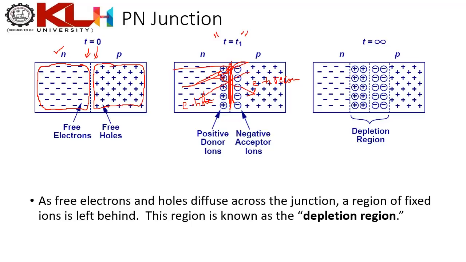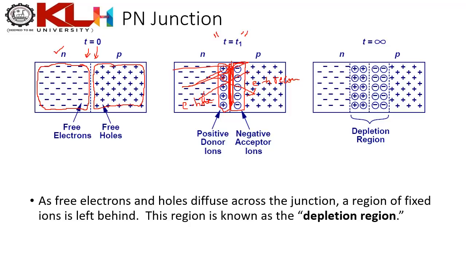But as you can see, at the interface on the n side, you can see positive donor ions that are developing, and on the p type you can see negative acceptor ions that are developing. Why these are formed is because the holes from this side are diffused like madly.